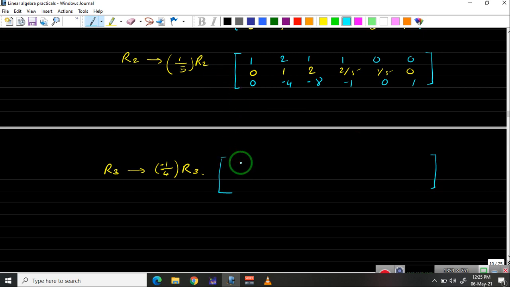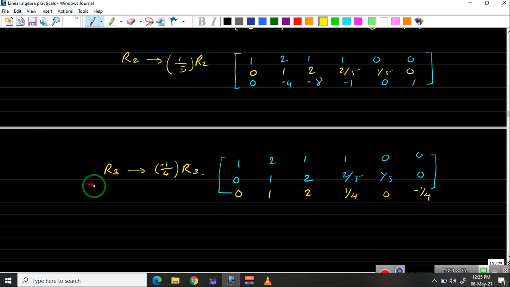So R3 changes. First row as it is: 1 2 1 1 0 0, then 0 1 2 2 upon 5 1 upon 5 0, and this you are dividing throughout by minus 4. So 0, this is 1, this is 2, this is 1 upon 4, this is 0, this is minus 1 upon 4.